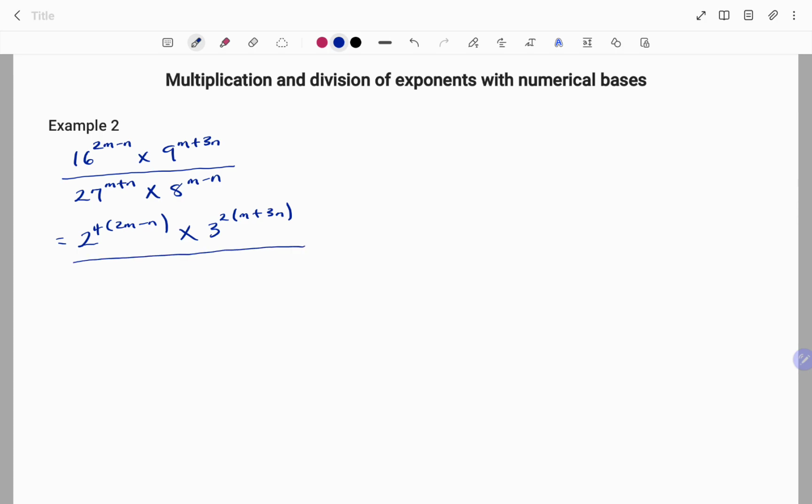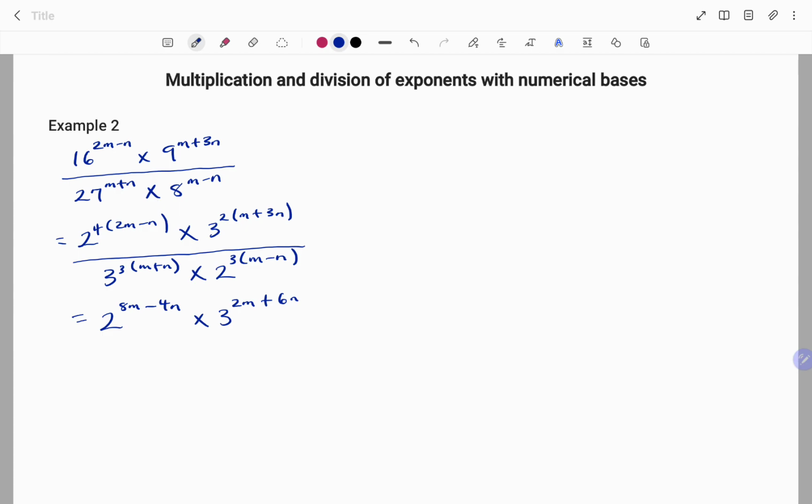At the bottom, I have 27. That will be 3 cubed to the power of m plus n times 2 to the power of 3. That's changing my 8, m minus n. If I expand my brackets, applying the laws of exponents now, I have 8m minus 4n times 3 to the power of 2m plus 6n, because the number outside the bracket is going to multiply all the terms inside the bracket.